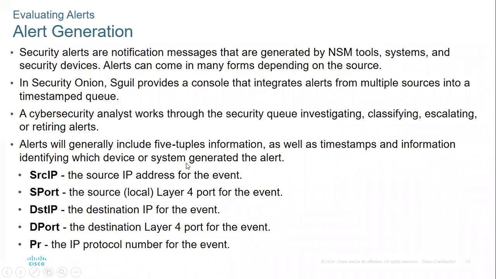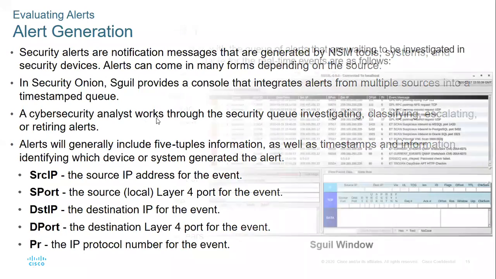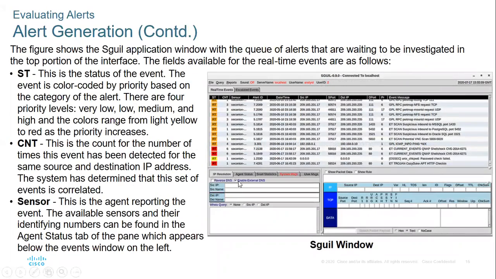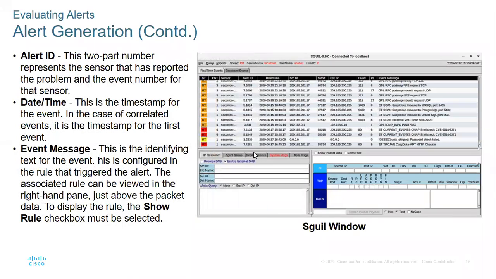And if you have investigated an alert and you are fully convinced that it wasn't a threat, then you can retire that alert. This is the GUI here, and I've already explained all this to you.